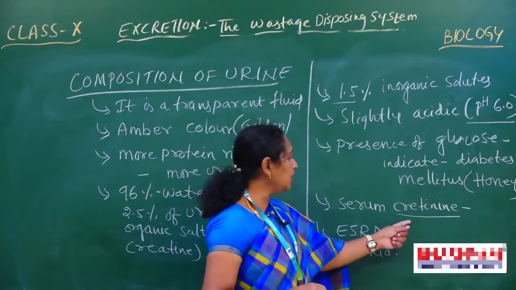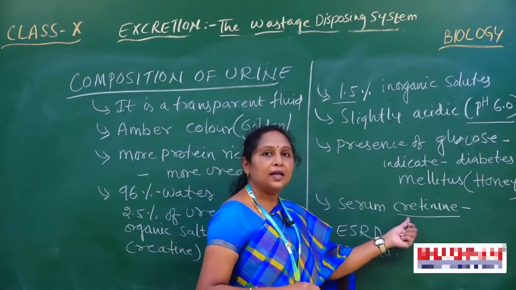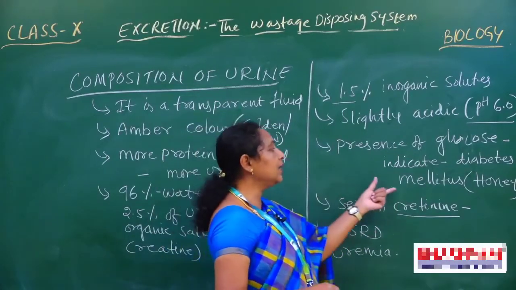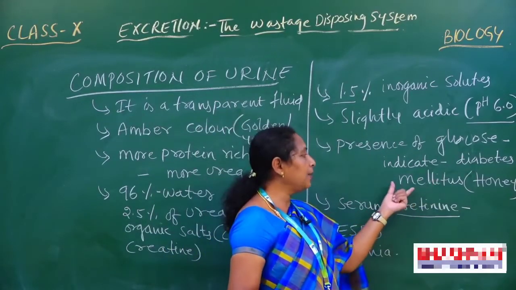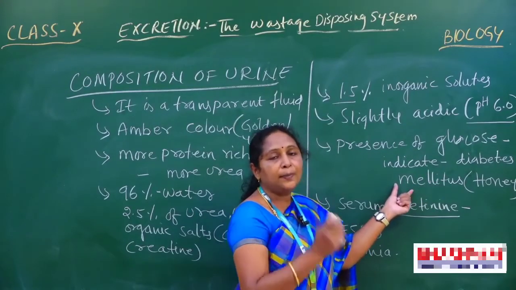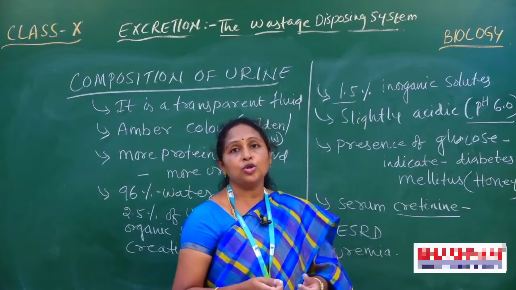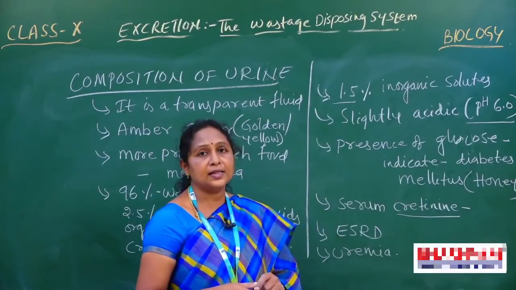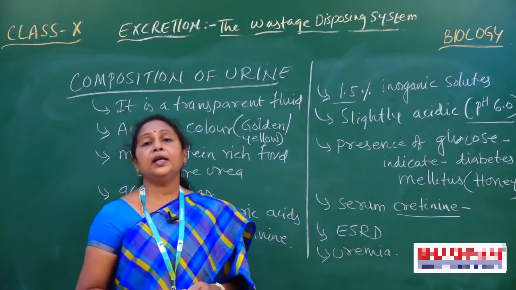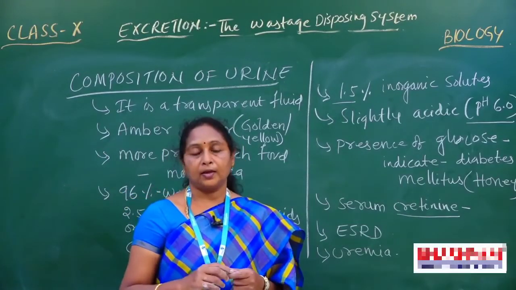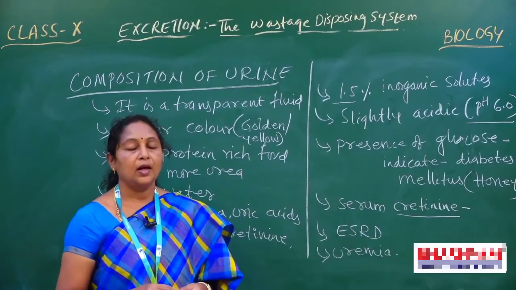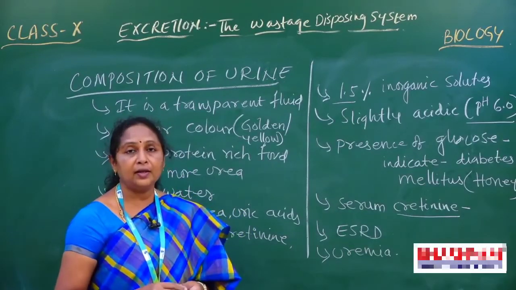Based on these levels, they suggest whether the person is suffering from diabetes mellitus, that is high sugar levels, or from low sugar, which indicates diabetes insipidus. Clear now?